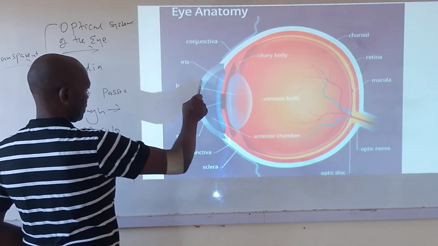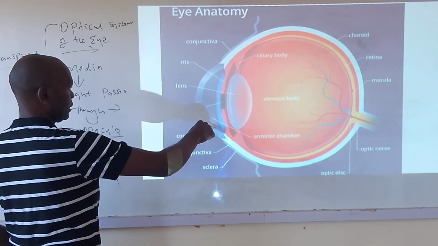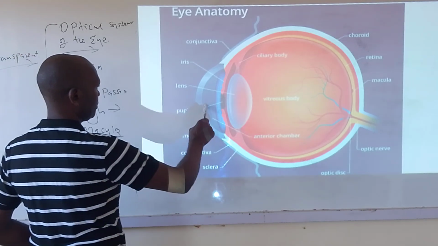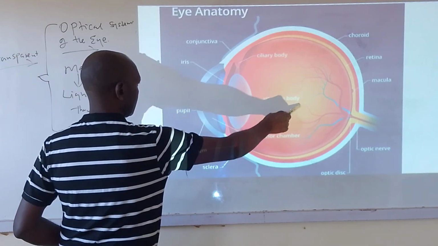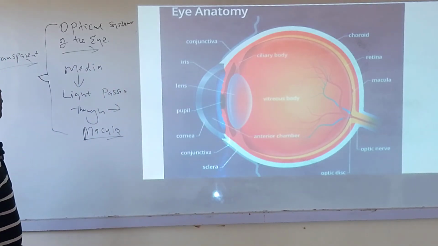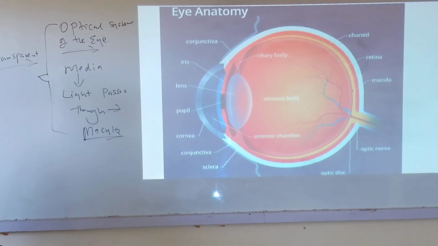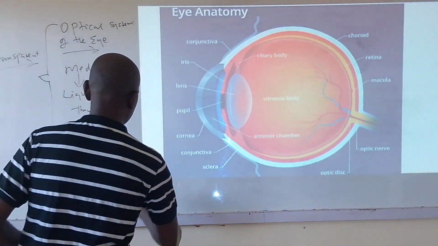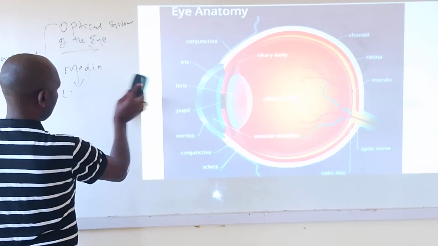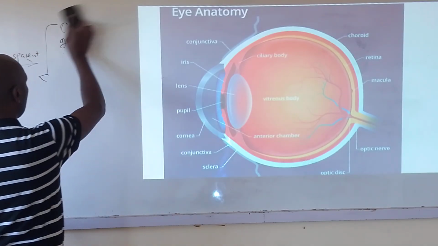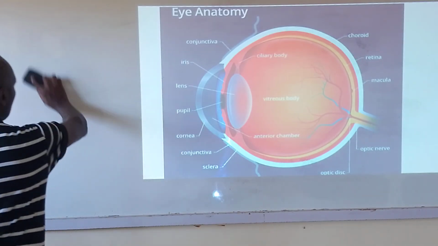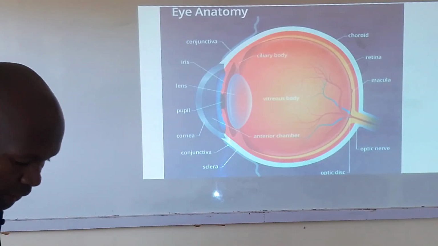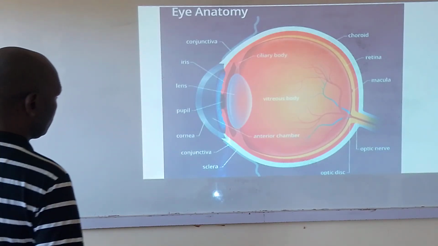So all these structures, from the cornea, the anterior chamber which has the aqueous humor, the lens and the vitreous, we call the optical system of the eye, or just the media. And it must be transparent for light to pass through, for you to be able to see. That tells you that if there is any opacification in any of these optical or media structures, you will not be able to see.